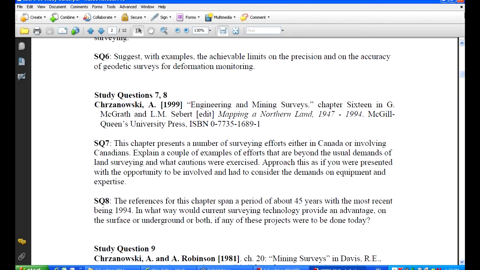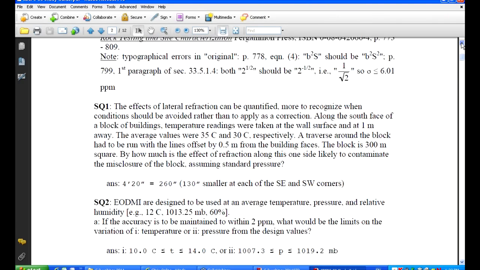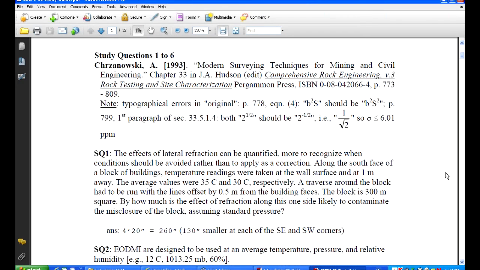Now I try to scroll up here. There we are. So we have in this first question that there are 2 temperatures measured. One of them is at the building face and the other is 1 meter away. So obviously the building would be warmer than 1 meter away from it.